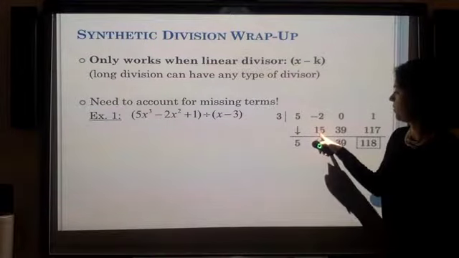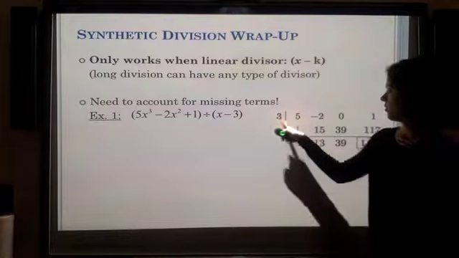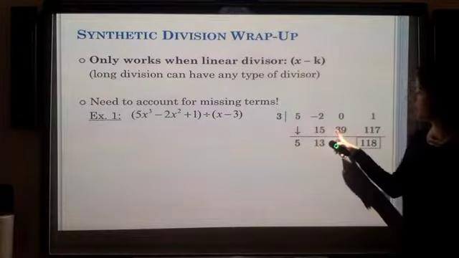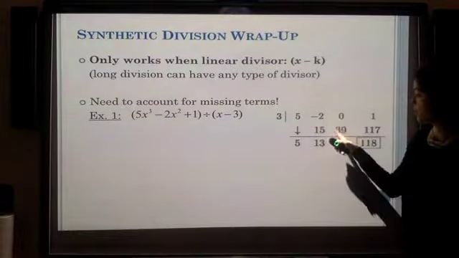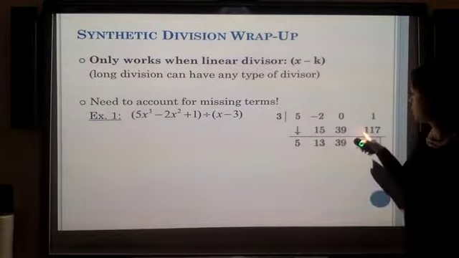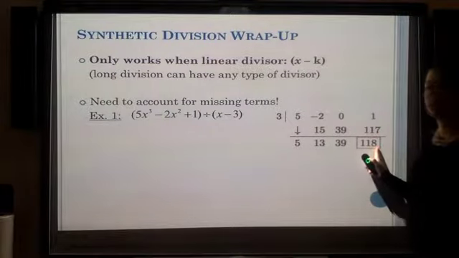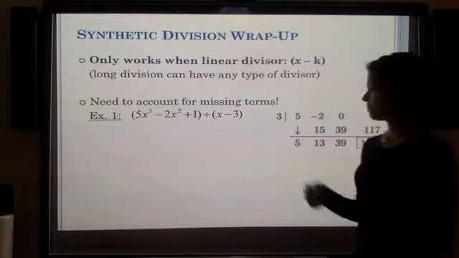And again, if we're dividing by x minus 3, the 0 of this factor is 3, and that's what we write outside. And then we go through the process where we bring down the 5, we do 3 times 5, we get 15, add negative 2 and 15, you get 13. Do 3 times 13, you get 39. Add 0 and 39, you get 39. Do 3 times 39, you get 117. Add 1 and 117, and you get a remainder of 118. That's the remainder.